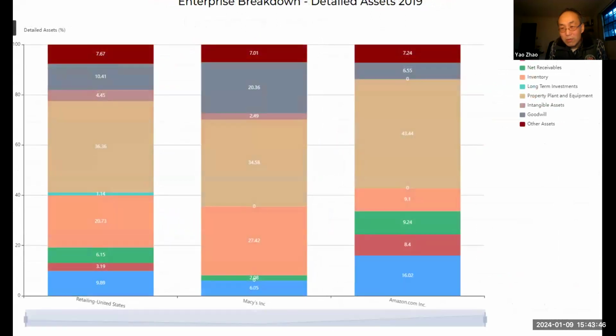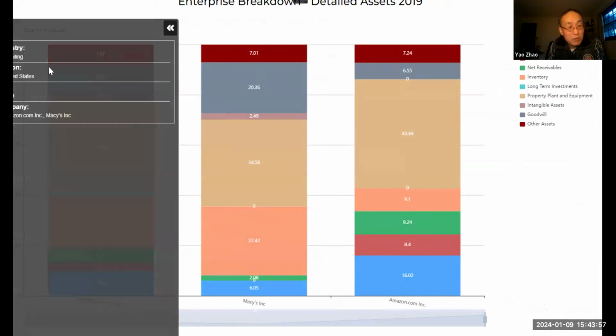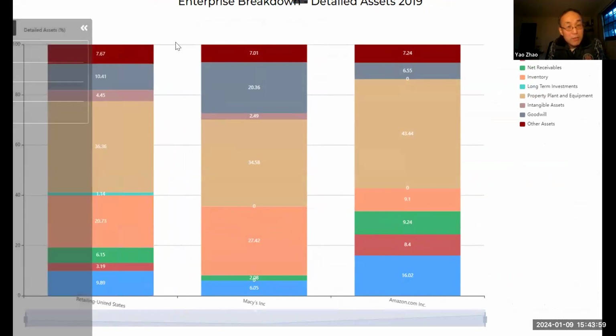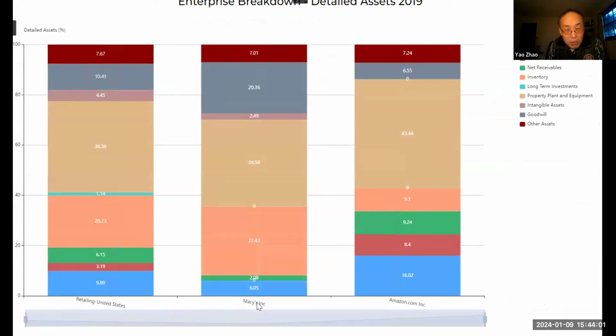Now, using this, we can explain, and then let's come back to see the asset breakdown to check their inventory levels. So we'll find, in retailing, in year 2019, I believe, compare Macy's versus Amazon, their asset breakdown. Now, for Macy's, inventory accounts for about 27% of the total assets.